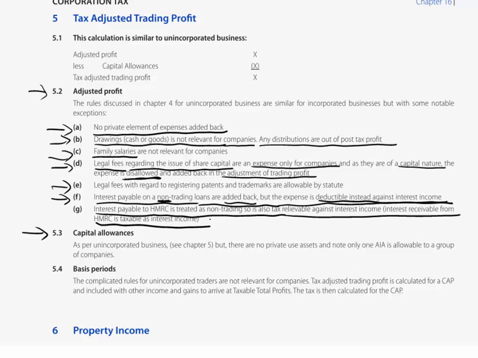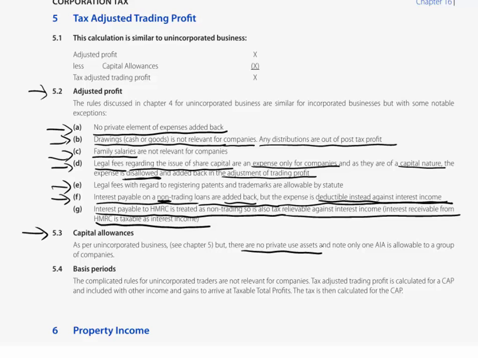So far as capital allowances are concerned, same basic rules in terms of the allowances available, be it AIA, be it WDA, be it FYA, but the computation is made easier because, as we have said, there are no private use assets. So the private use adjustments that routinely get tested when dealing with an unincorporated trader don't exist.